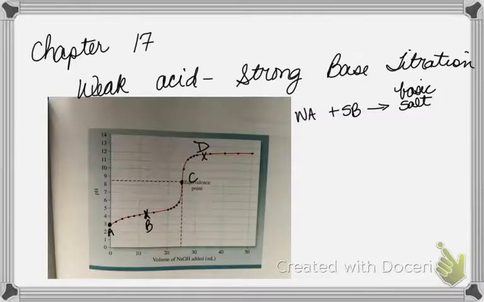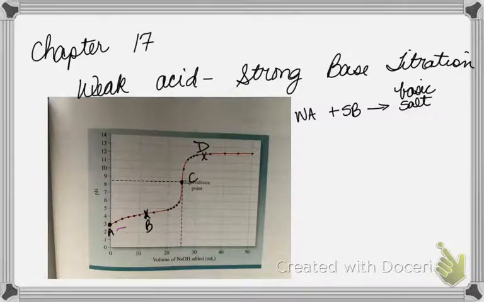Let me kind of summarize something for you on this slide. You know how to do Part A. When you're doing a weak acid, and that's all you have, Ka is equal to x squared divided by the initial concentration.